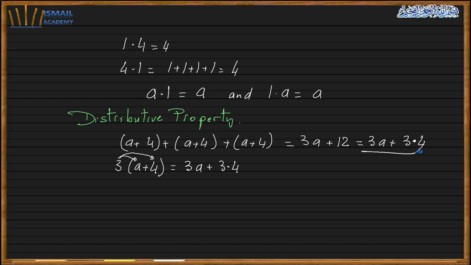And this is exactly what we got here when we add those identical addends. So the idea behind the distributive property is, for any numbers a, b, c, if I have a times b plus c, what we do is we just multiply a by b and a by c. So it's going to be a times b plus a times c.